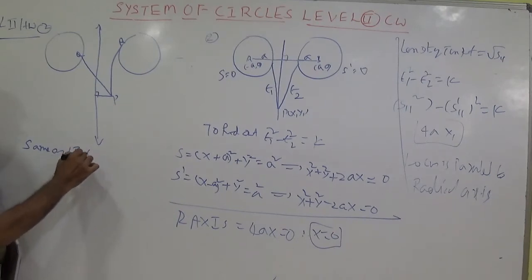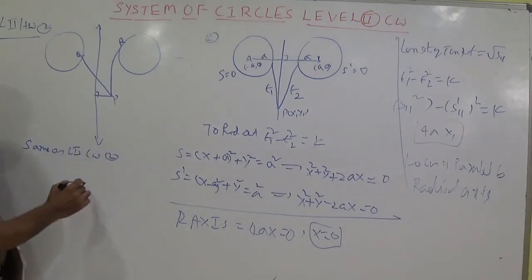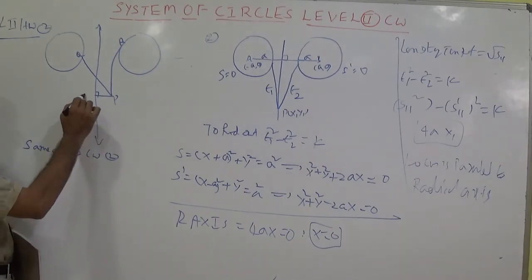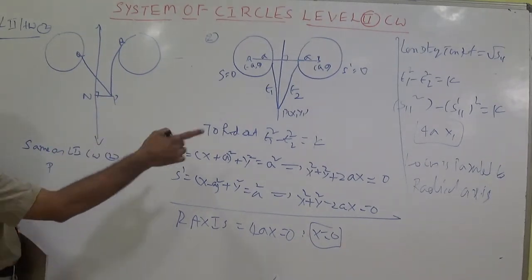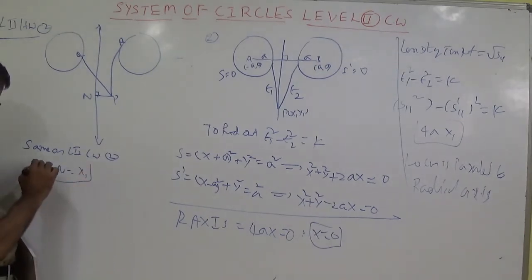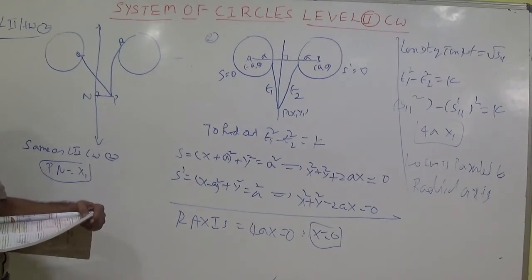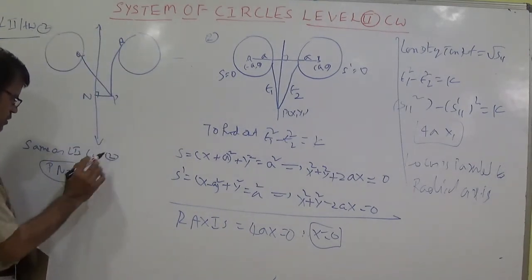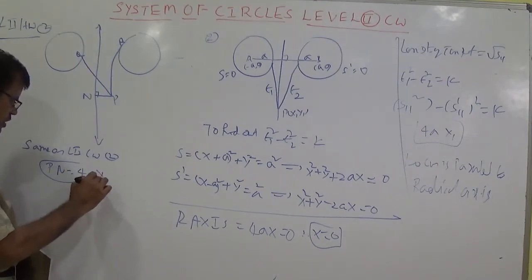Same as level 2 classwork, second question. The answer: Pn means perpendicular distance. Same concept, Pn becomes x1. Otherwise 4a x1, because the radical axis is 4a. Okay, better to write 4a x1.